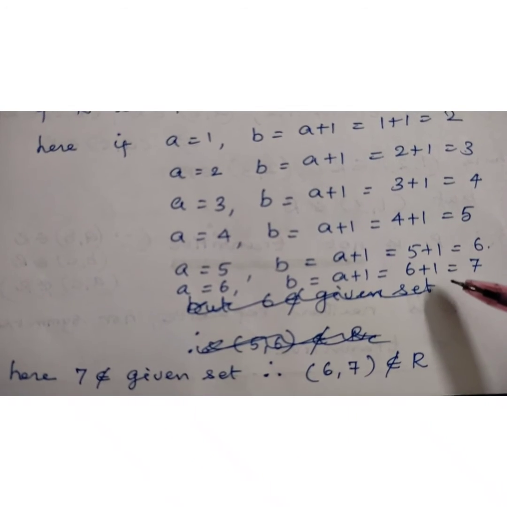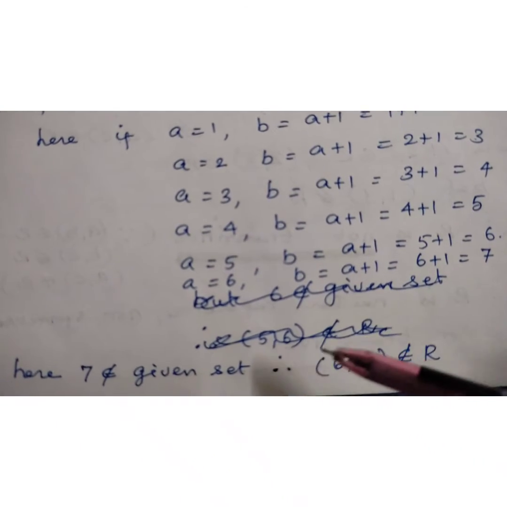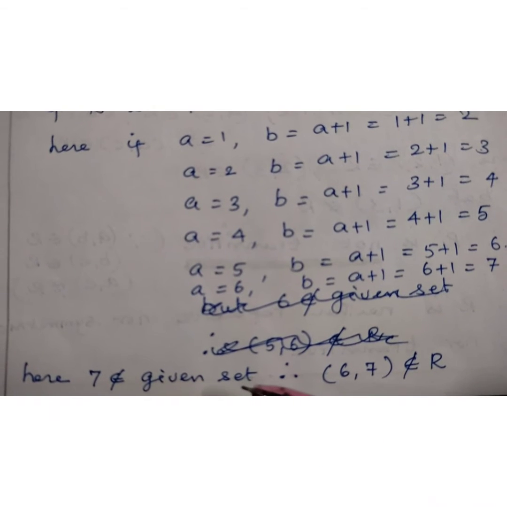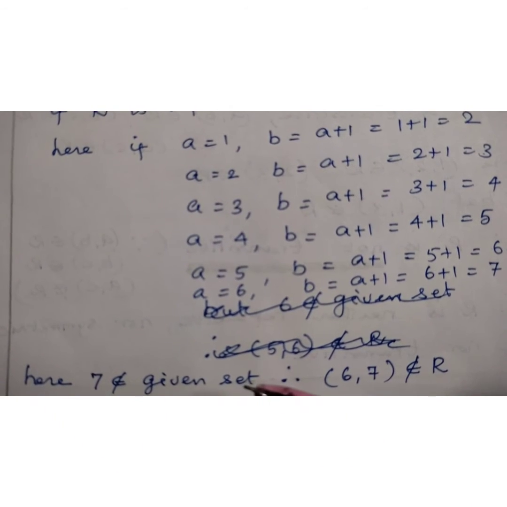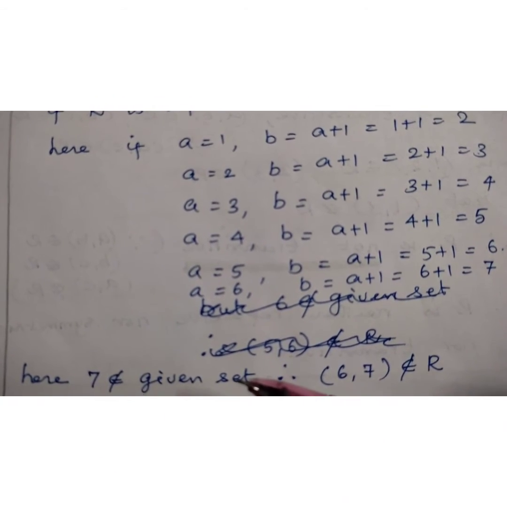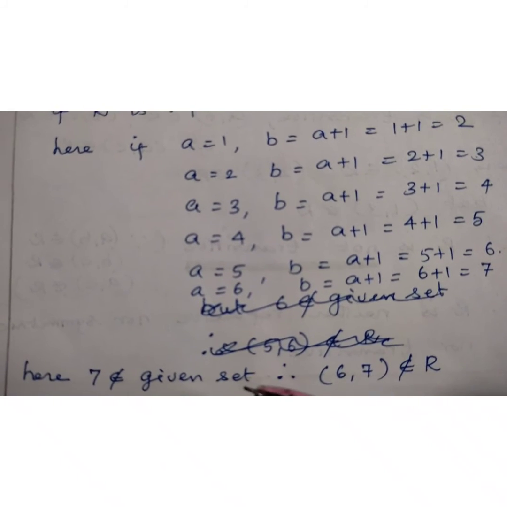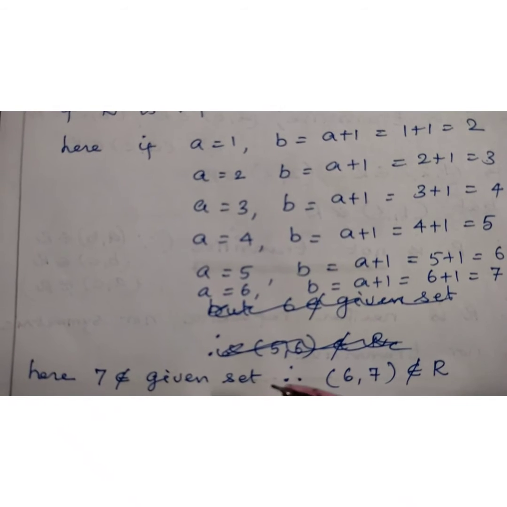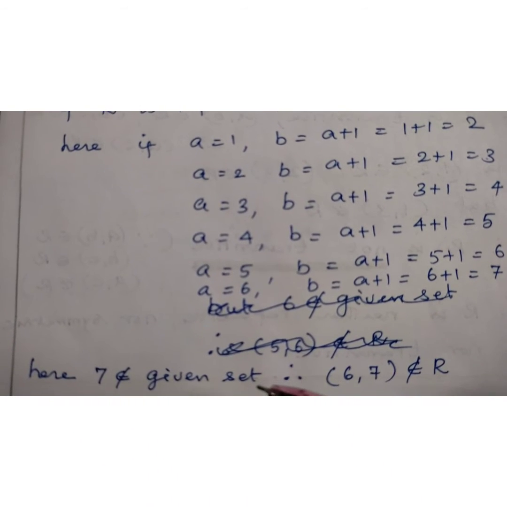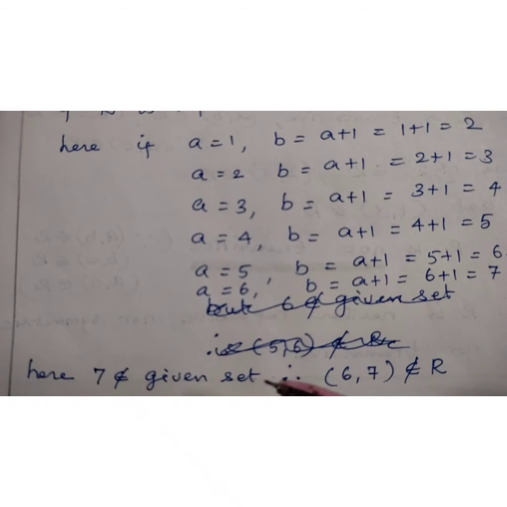No. B is equal to 7. That 7 does not belong to the given set because the given set is 1, 2, 3, 4, 5, 6. Up to 6 only we have. But here the B value is 7. So 7 does not belong to the given set.